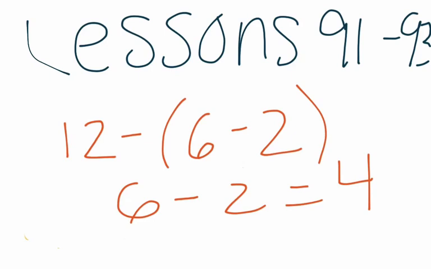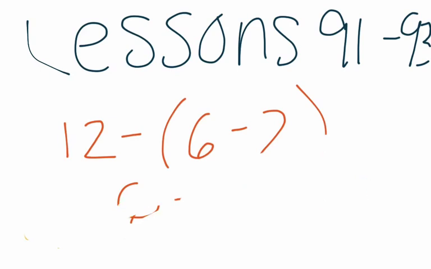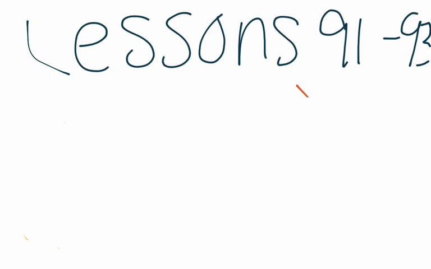And that is not the same answer that we got, because we actually got 8. So it's important for us to know to use the parentheses first if you see a question with multiple pieces. Let's do one more of this one, then we're going to move on to compatible numbers, and then lesson 93.